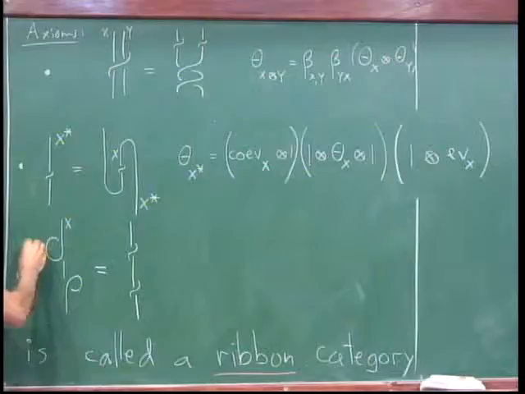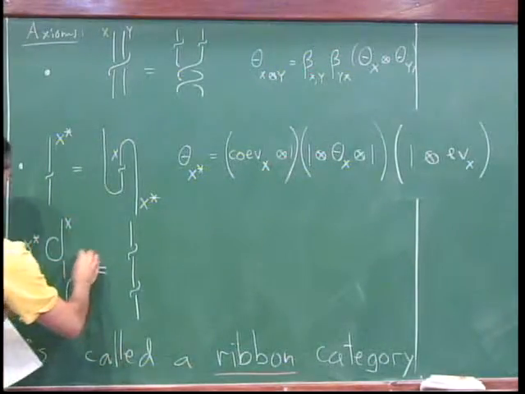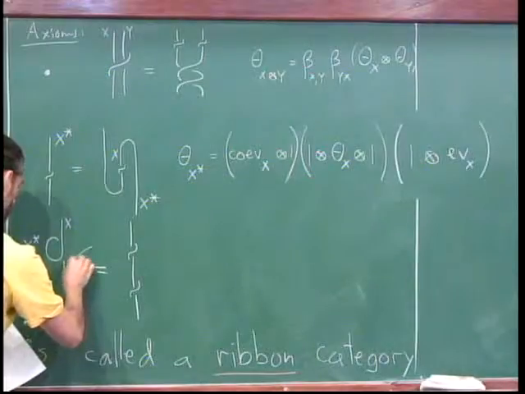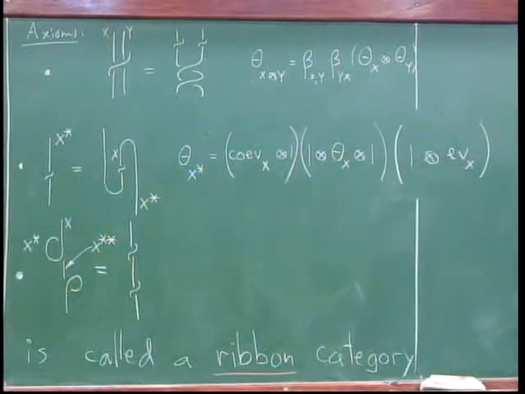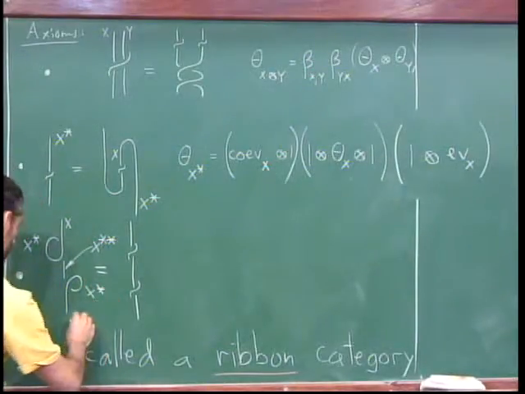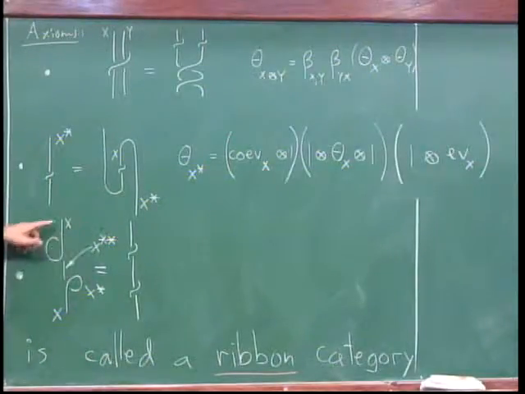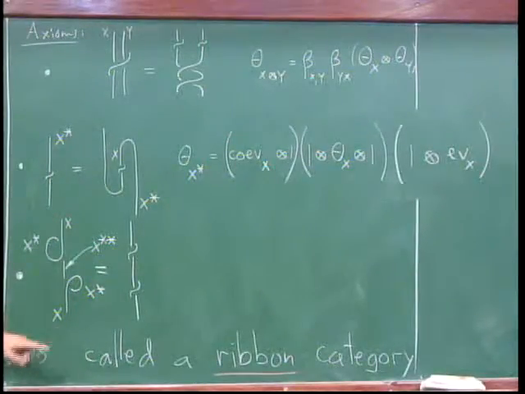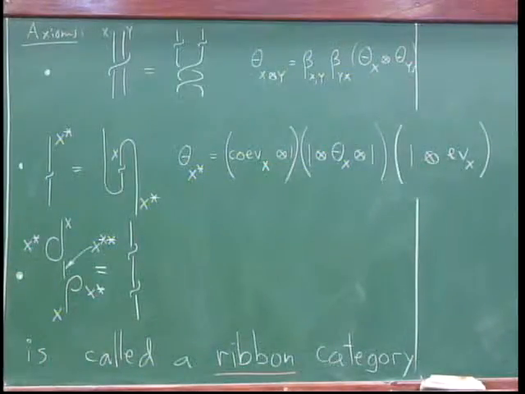Twisting it that way goes to x dual. Twisting it once more goes to, so this is labeled by x double dual. And then this is again labeled by x dual. And this is again labeled by x. And so it makes sense to, I mean, this is a map from x to x, and therefore it makes sense to ask that it be equal to, for example, the square of the twist, as I'm asking here.